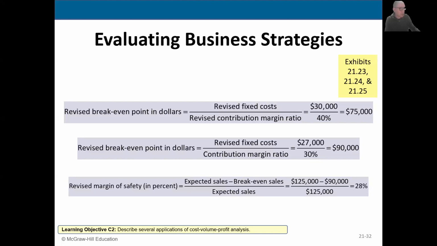The new piece of machinery helps me produce more units, so my variable costs end up dropping from $70 down to $60, which means my contribution margin goes up. Contribution margin ratio goes up. You see, all this to say that in business, when things change, we need to revise our estimates in order to make sure that we're still breaking even or doing better.